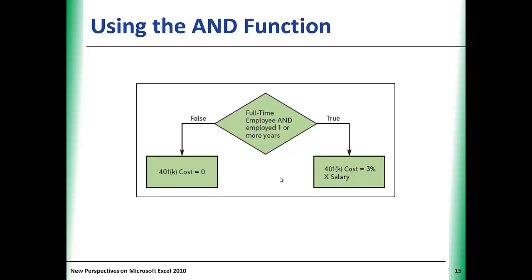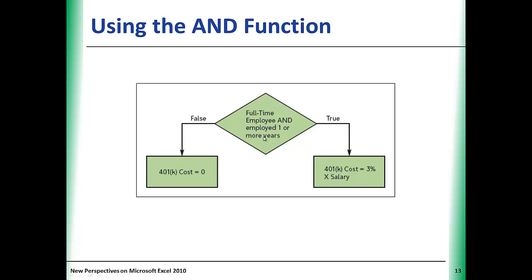So for example, in this particular exercise, we're going to look at whether or not the employees meet the criteria to be eligible for the 401k plan. In order to do that, the employee needs to be full-time and employed for 1 or more years.